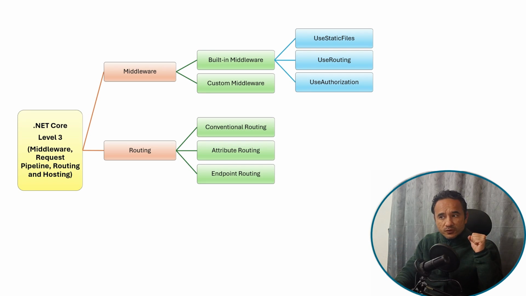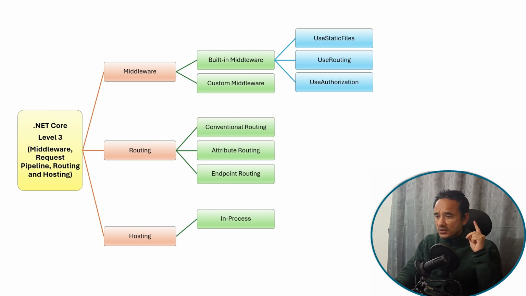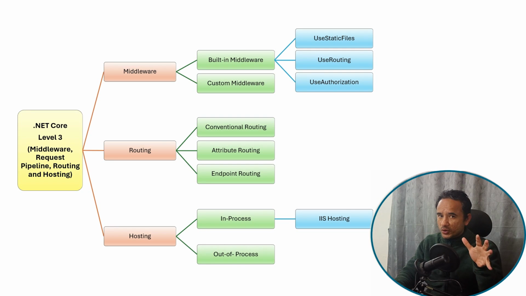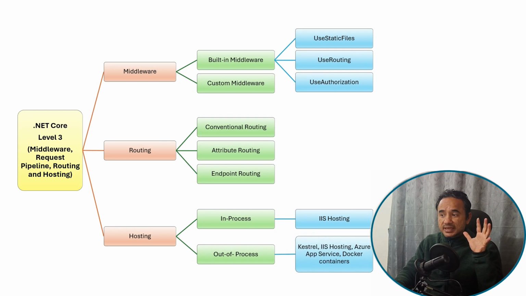Finally, understand hosting, which is basically of two types. First is in-process hosting, which runs the application inside IIS mostly. Then we have out-of-process hosting, which uses Kestrel. It can also use IIS, Azure App Services, Docker, containers, anything.